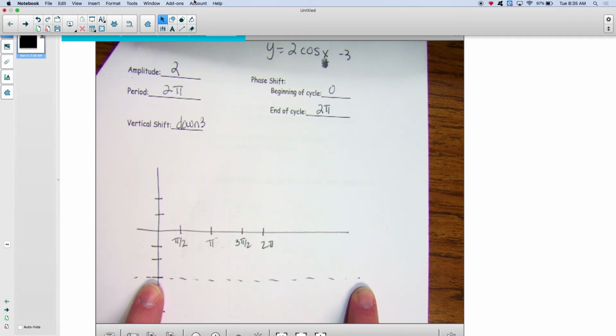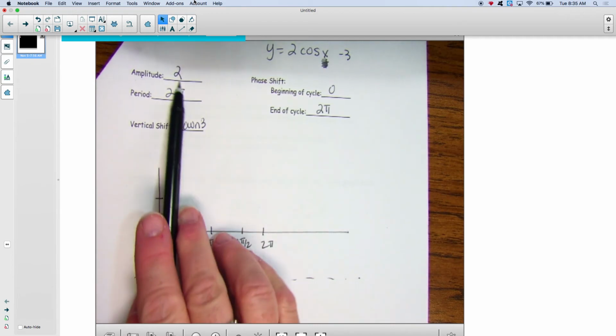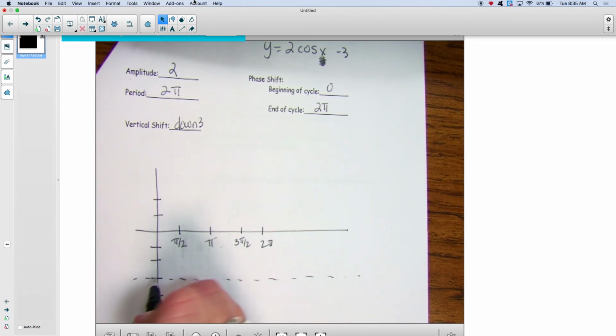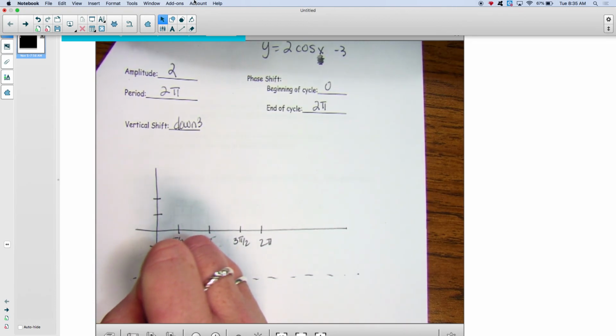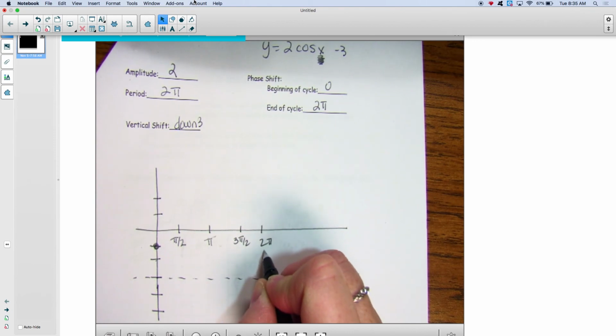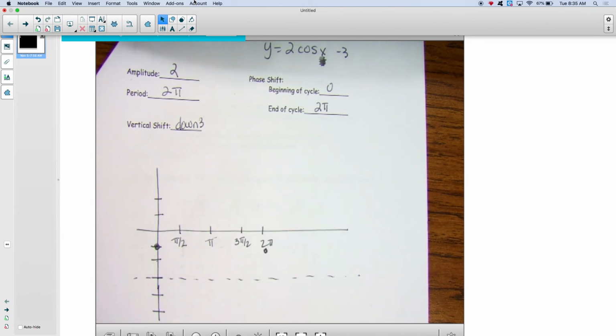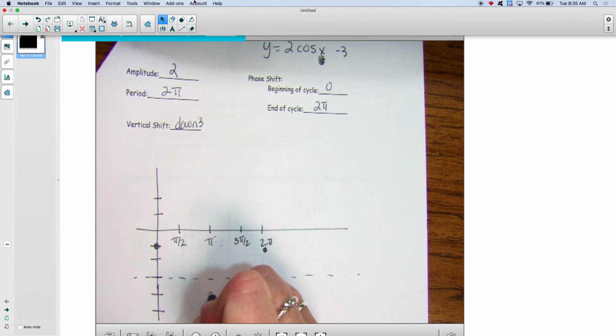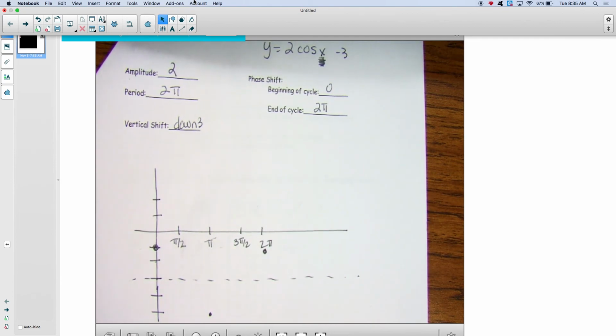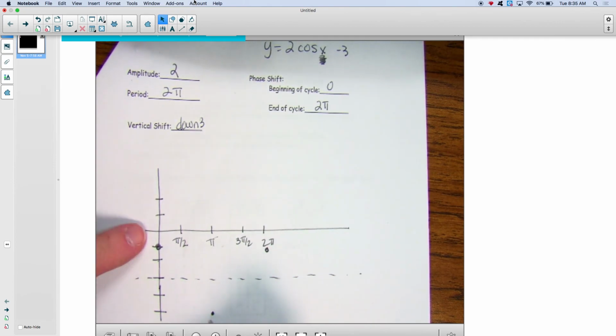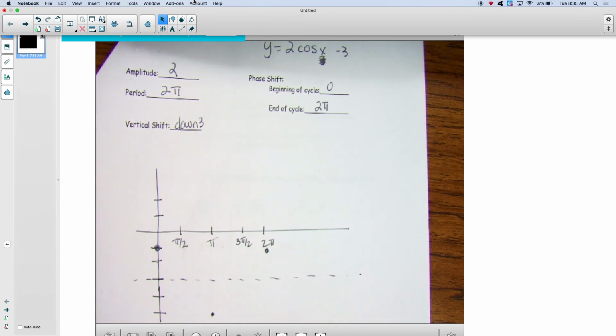It starts up at its amplitude, right? And how tall is this? 2. So from here, I'm going to go up 2. At 2 pi, I'm going to end it up 2. At pi over 2, I have to go down 2. And then halfway between is where it intersects that vertical shift.